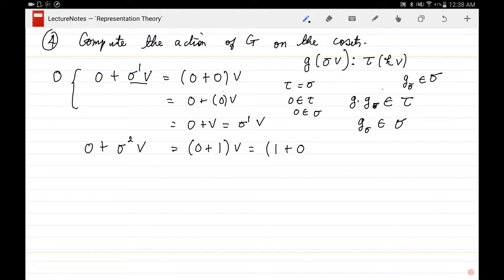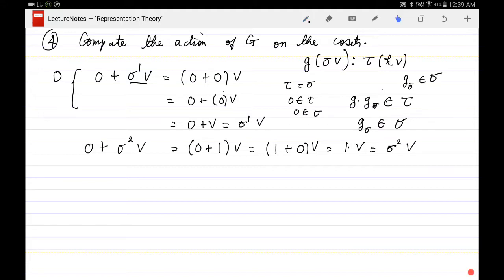I can write this as a left coset representative plus an element in the subgroup, and this acts on that, and this would be 1 acting on V, which is sigma 2 V. Remember, 0 acting on V is defined as V, and I have 1 times V, and 1 comes from the second coset, which is sigma 2.